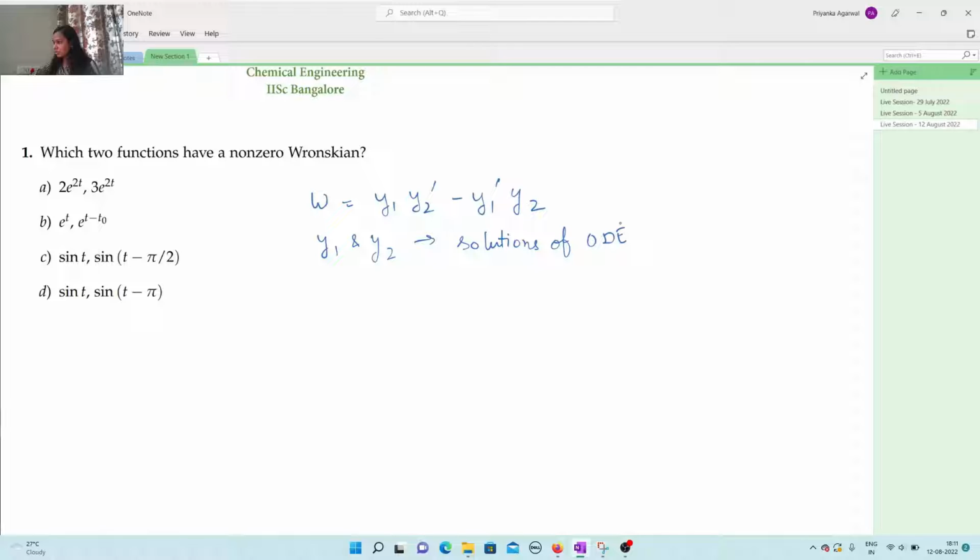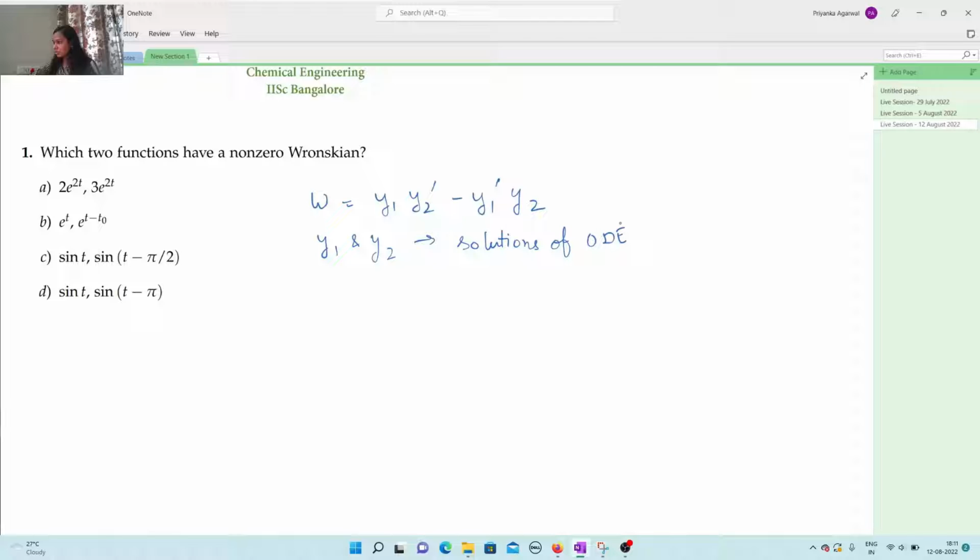So in this case, if y1 and y2 are dependent on each other, let's say we write alpha 1 y1 plus y2 equals 0, then this will become alpha 1 times 2 e to the power 2t plus 3 e to the power 2t equals 0, and hence alpha 1 comes out to be minus 3 by 2.